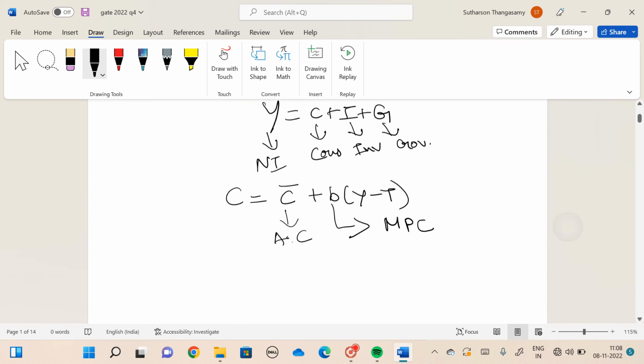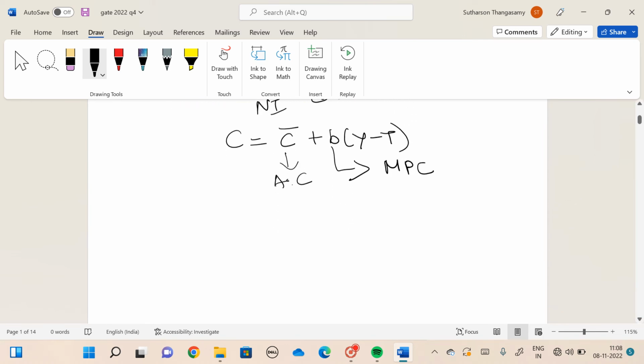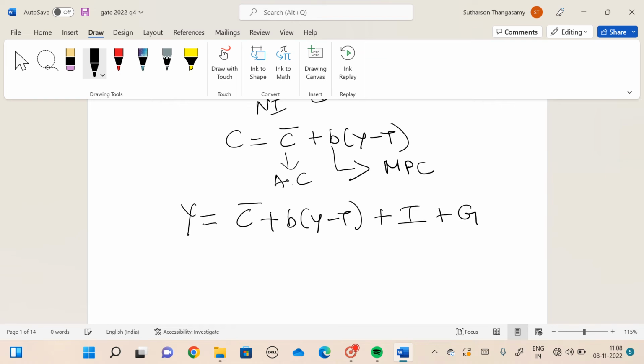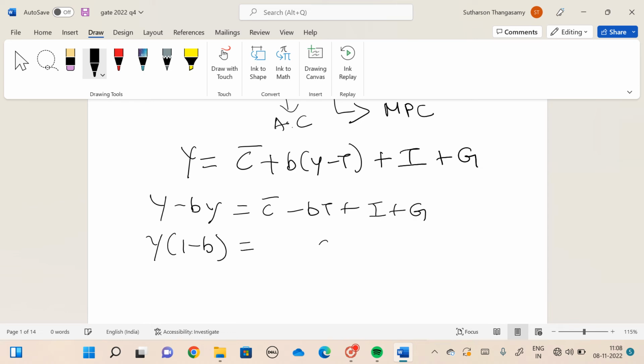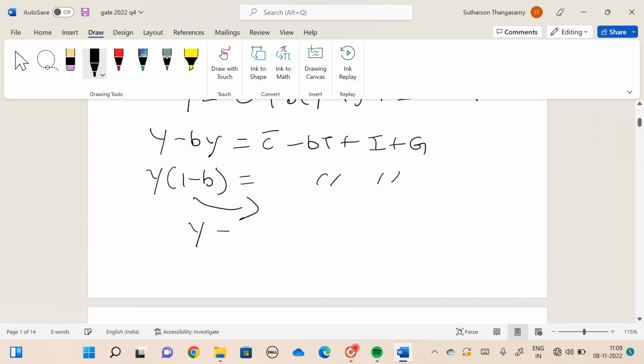Now the equation will be rewritten as Y equals C bar plus b of (Y minus T) plus I plus G. Now we can solve it for Y. So Y minus bY is equal to C bar minus bT plus I plus G. Y common here, so (1 minus b) Y. If we take this 1 minus b to the other side, Y is equal to 1 by (1 minus b) of (C bar minus bT plus I plus G).